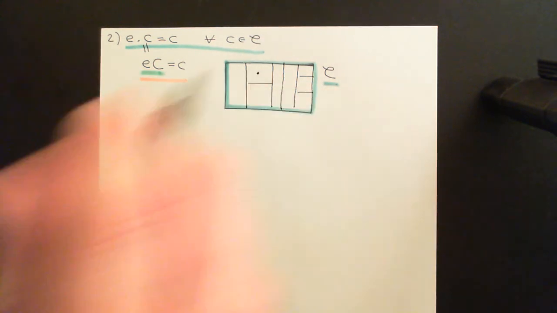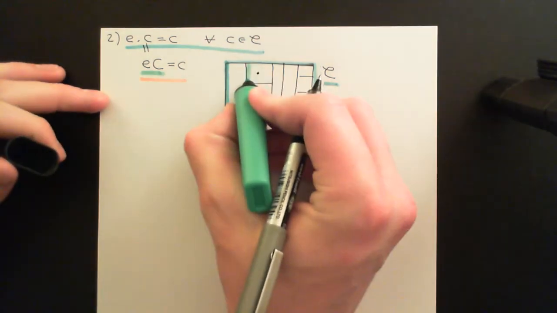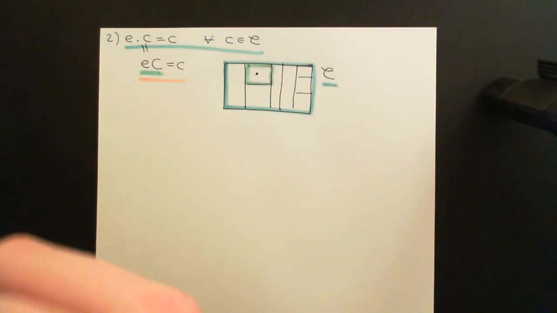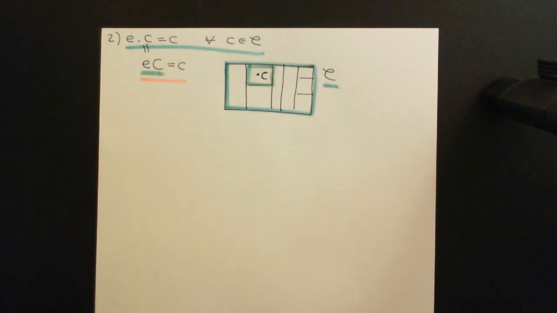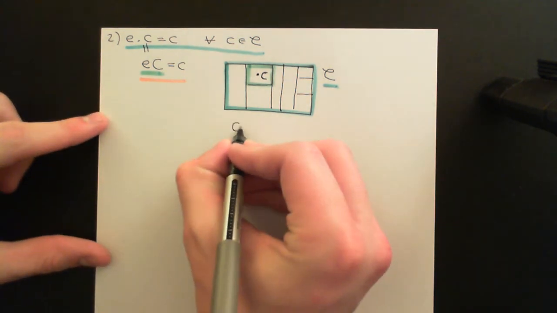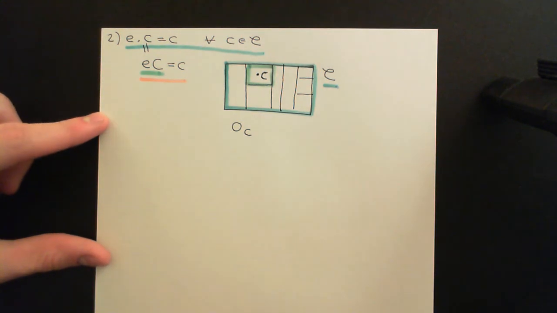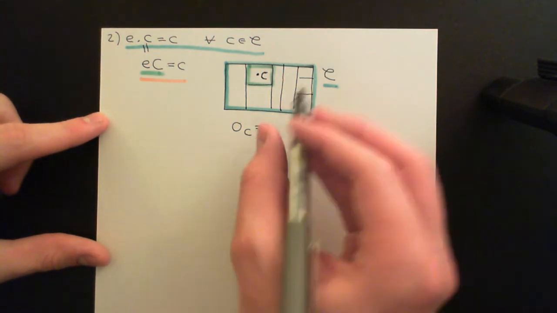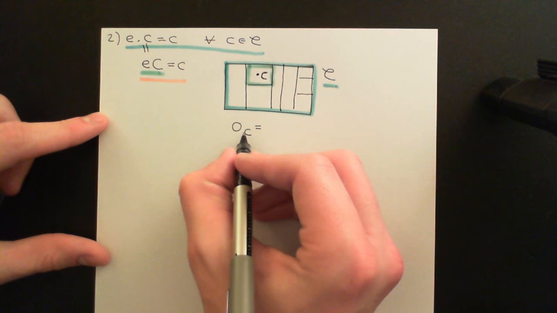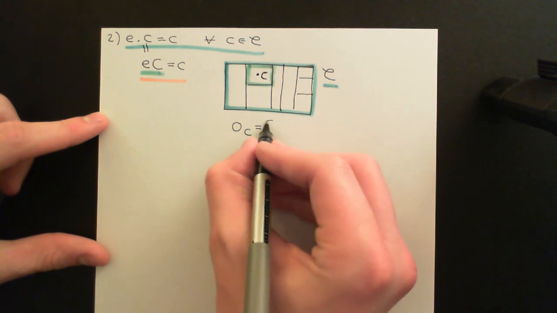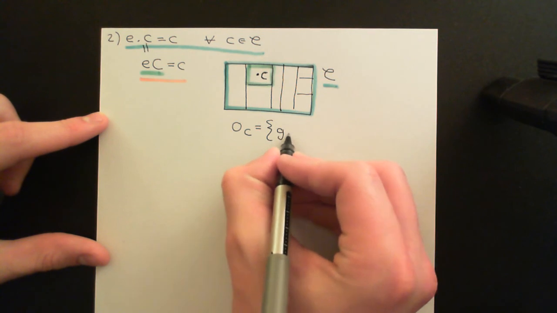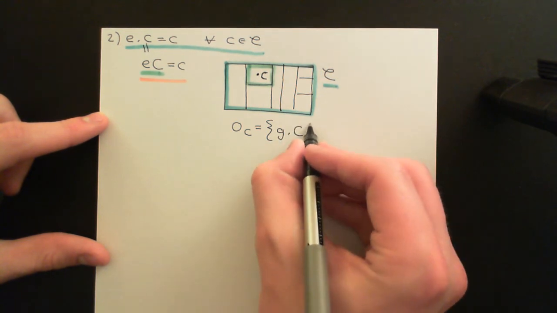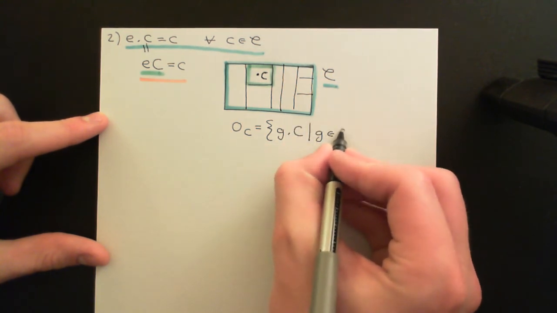If we, for instance, take this orbit here, which I'll highlight in green, and let's say this orbit might contain a subset which I'll call capital C, just an arbitrary subset within curly C. Then the orbit containing the element capital C is going to be all of the subsets in curly C that you can get by having elements of the group acting on capital C. So it's going to be all things of the form little g acting on capital C, where little g is an element of the group.